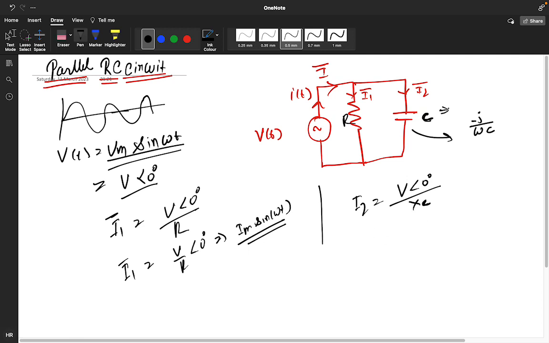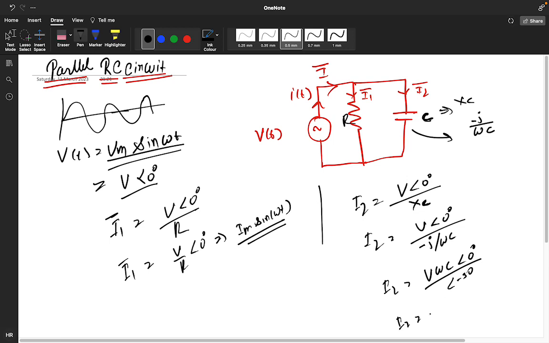If you convert this, V at an angle 0 degree divided by minus j by omega C. So I2 will be V omega C at an angle 0 plus 90, since minus j in the denominator means minus 90 degree. So I2 will be V omega C at an angle 90 degree.